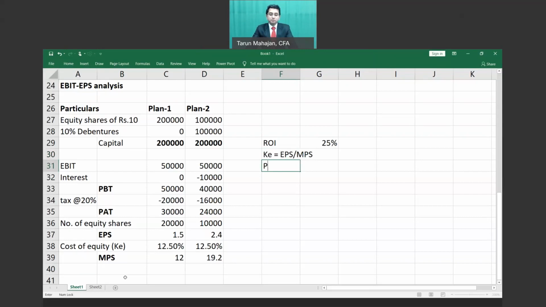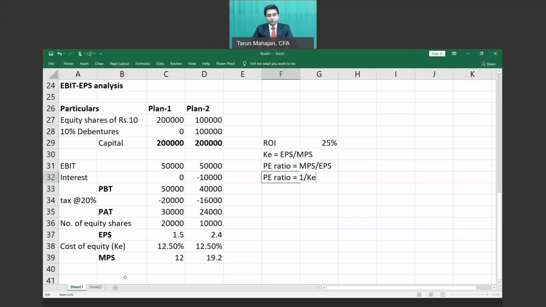And if you know the price earning ratio formula, the price earning ratio is market price per share divided by earning per share. Moral of the story, the PE ratio is actually equal to 1 divided by the cost of equity.